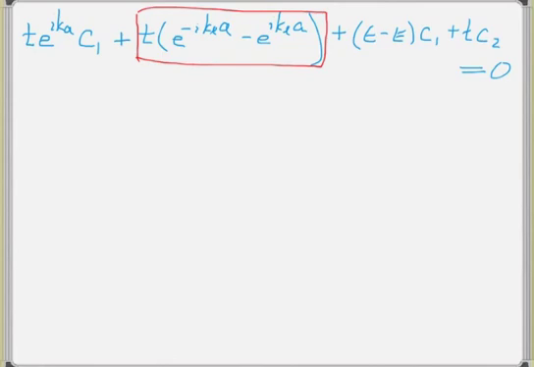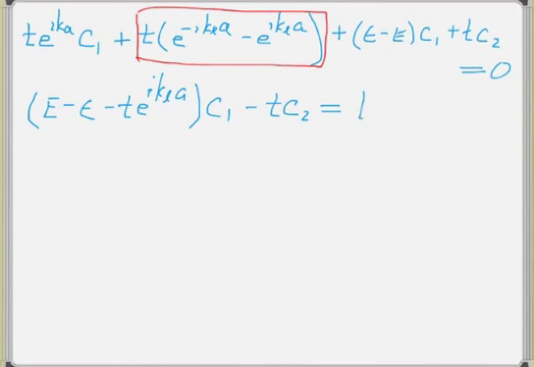So putting that on the right-hand side and rearranging a few things, we have (E minus epsilon minus t e^{i k_L a}) C1 minus t C2 is equal to t times (e^{-i k_L a} minus e^{i k_L a}).